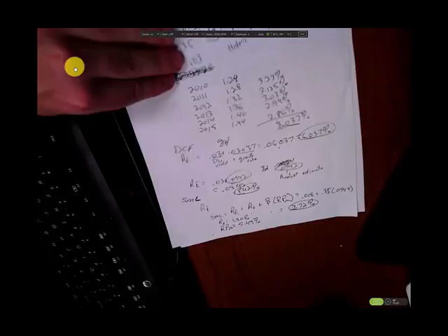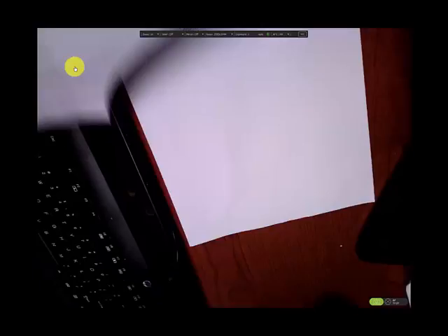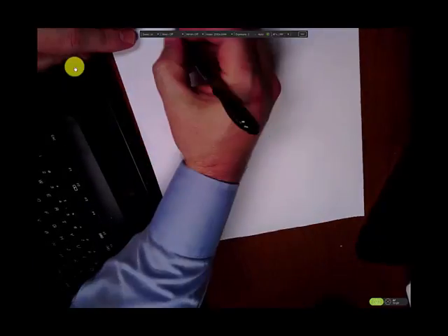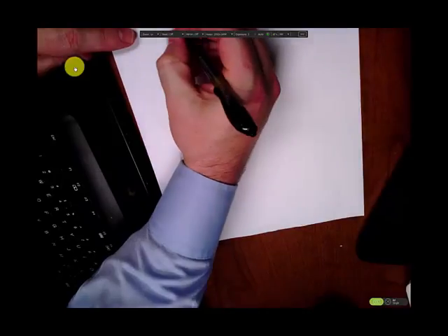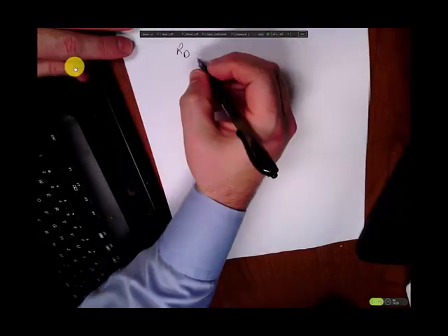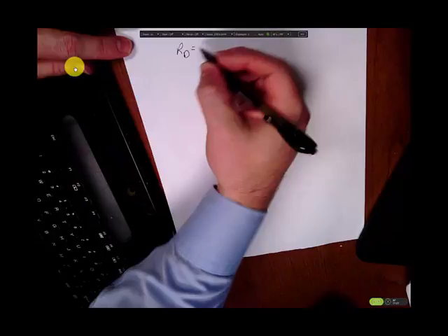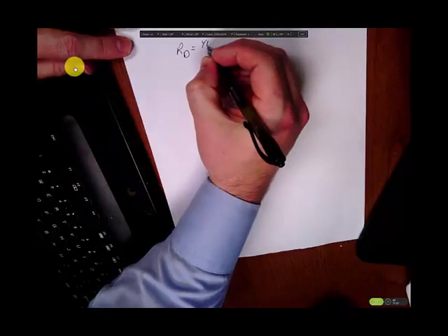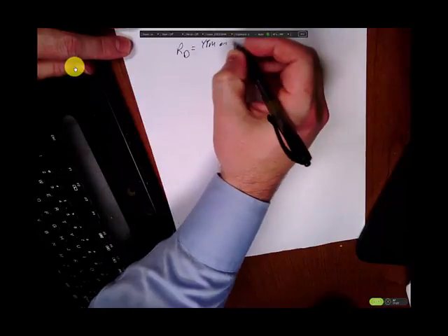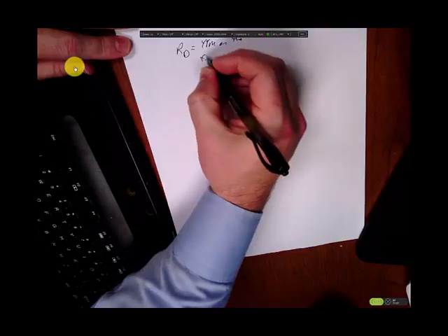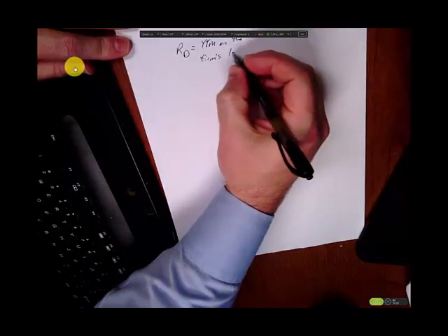So now what I want to do is move on to the cost of debt. So R sub D is equal to, sorry about that, is equal to the yield to maturity on the firm's long-term debt.